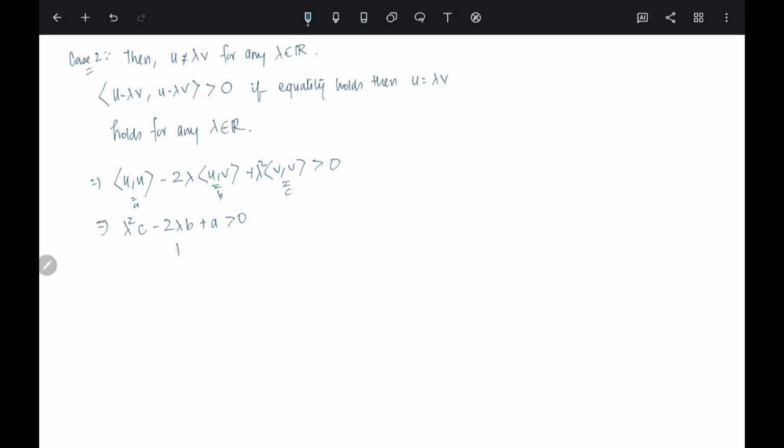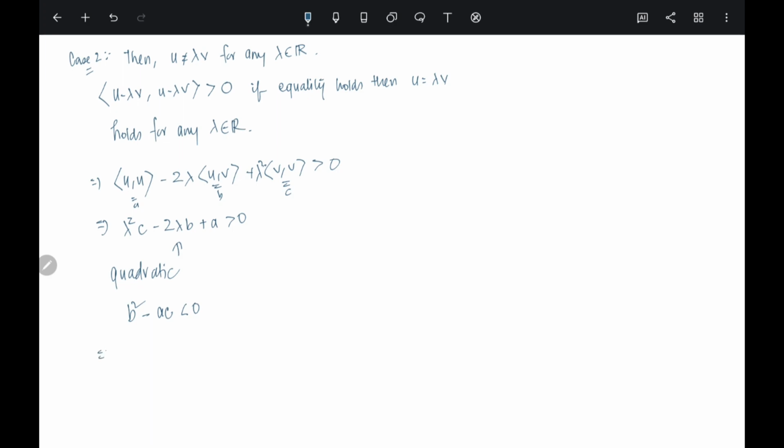So this is a quadratic. And if this is positive, it means that it is never achieving 0 for any lambda. What does that mean? It means the discriminant is always going to be negative, which means that B square minus AC is going to be negative.